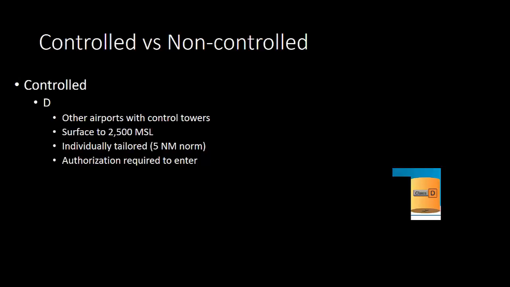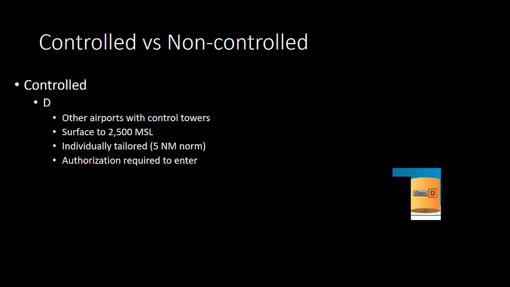Class D airspace, again, airports with control towers, but they don't have instrument requirement. You can fly in VFR, so this would be a lot of your smaller airports. Here the control is only surface to 2,500 feet MSL. Just like Class B, it's individually tailored as far as how big a radius that control extends.